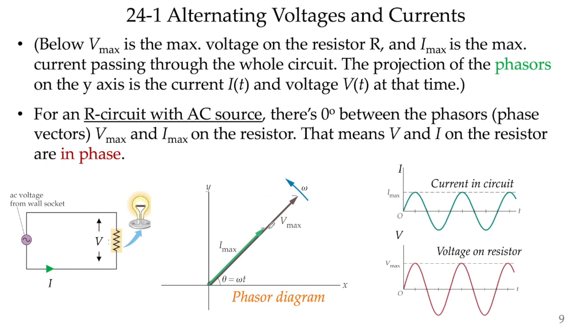You will see that there's going to be some angle between these when we add a capacitor or an inductor to the circuit. So the bottom line here is if you have only a resistor in the circuit, the phasors have 0 degrees between them, and the current and the voltage are in phase.